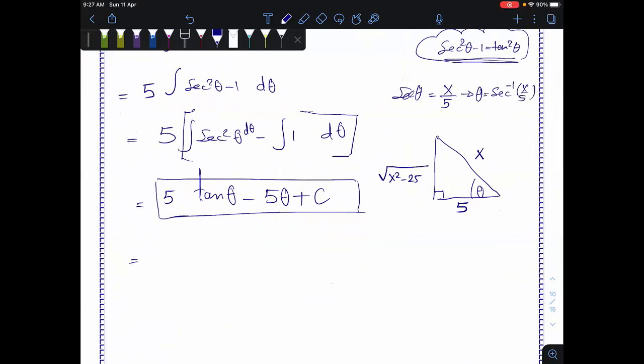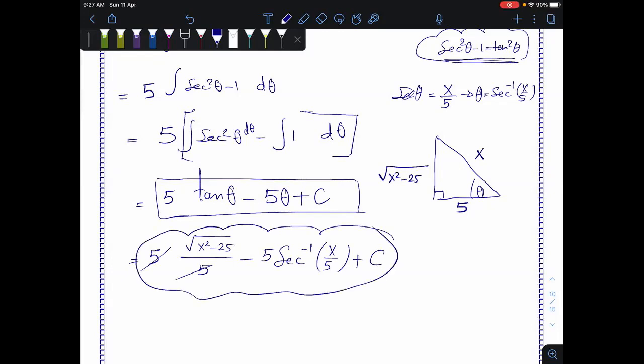Tan is the opposite over adjacent, so we can cross out the 5 with the 5, and then minus 5 theta, where theta is sec inverse of x over 5, plus c. This is the final answer.